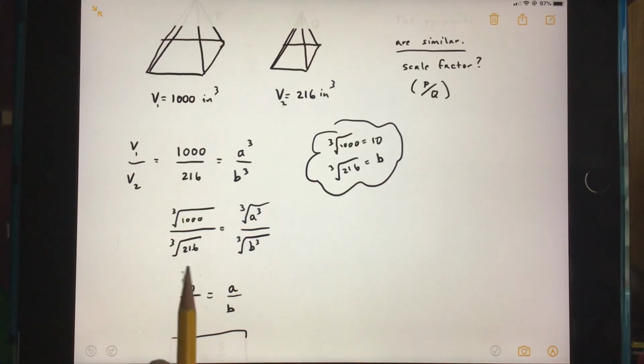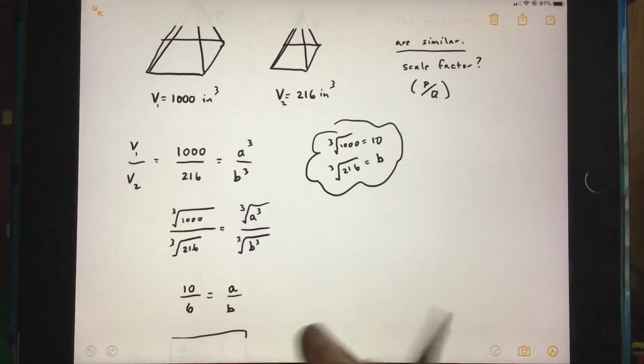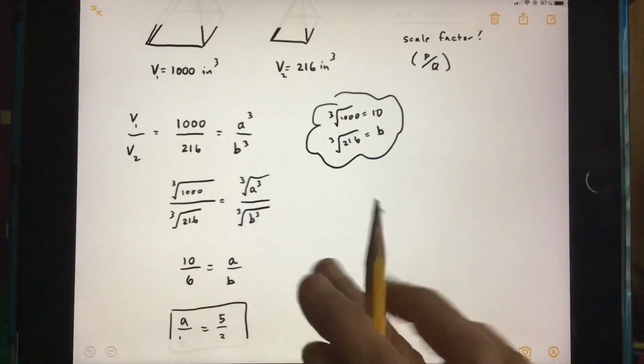The answer is 10. What's the cube root of 216? What multiplies against itself 3 times to make 216? The answer is 6. You can find that in your calculator by taking 1,000 to the 1/3 power and 216 to the 1/3 power. That will give you these pieces of information. They are nice, perfect cubes, though, so you can just think those through as well. And the cube root of a cubed is a, the cube root of b cubed is b, so there's our P to Q right there.